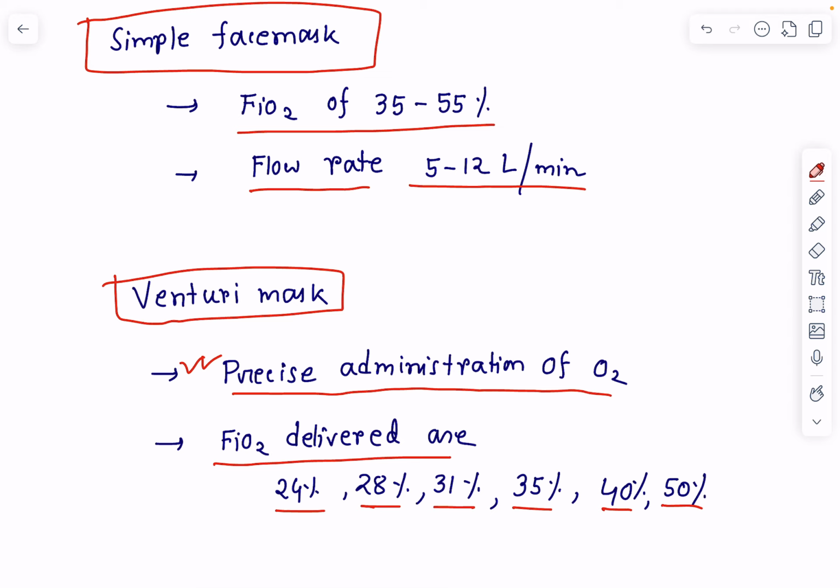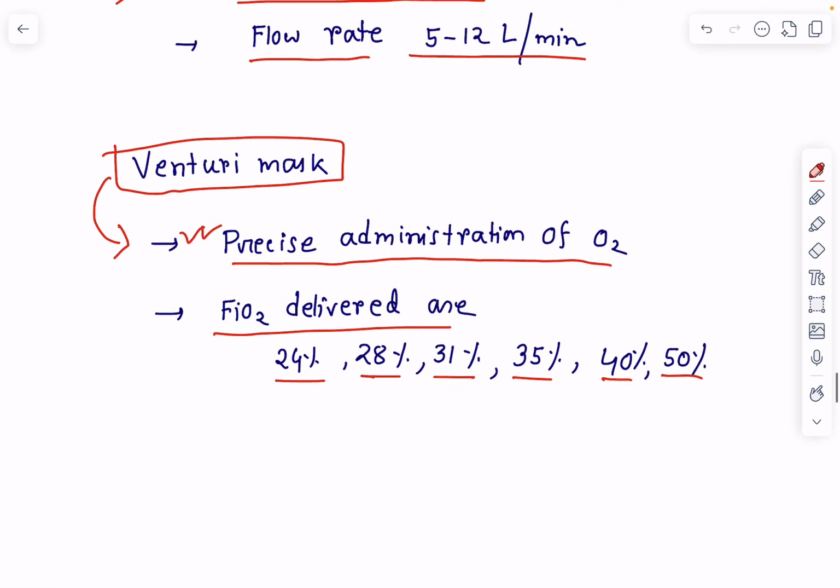By simple face mask, of course, we can deliver FiO2 between 35 to 55, but the exact amount of FiO2 which we want to deliver cannot be precisely established, right? Which can be done via venturi mask, that is precise administration of oxygen.